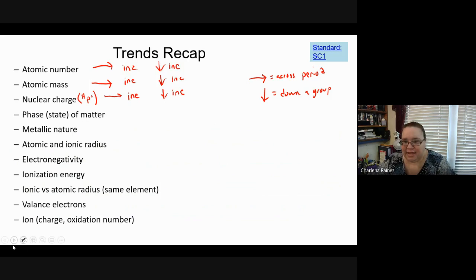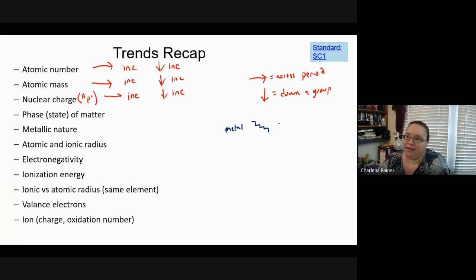The next set of trends that we're going to look at, I'm actually going to start by looking at metallic nature because it kind of ties into some of the others. So metallic nature, if we remember on our periodic table, we've got our metals on the left side of the table, and then we've got our little staircase with our metalloids on them.